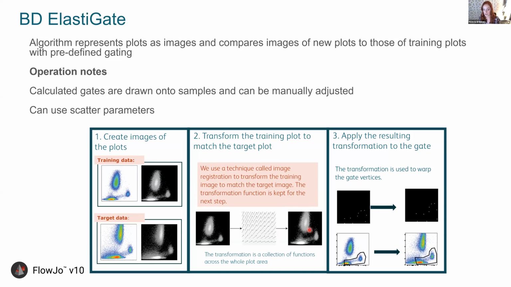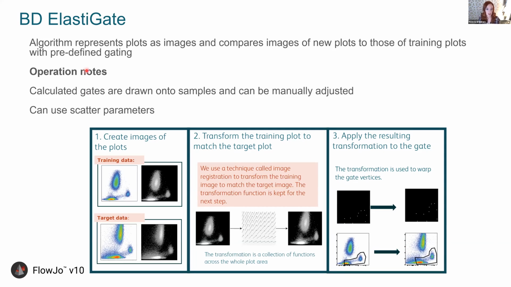So if this target population is now a little bit more to the right and a little taller, it's going to apply that same change to the predefined gate so that the gate will move and snap to the same target population, but now in the new file. So basically treating your plots as pictures: how do I change that picture to match the new picture, and apply that change in the form of a gate to the new data?